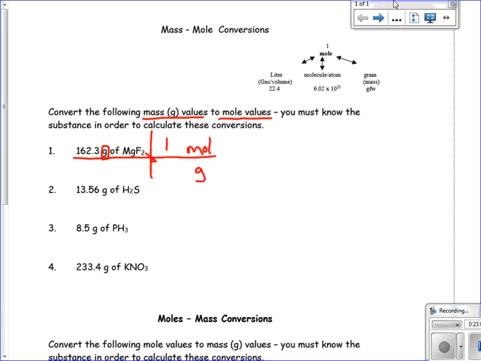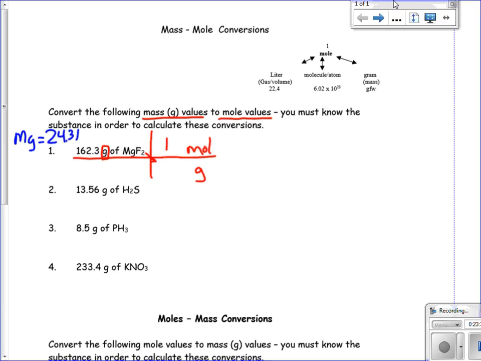But now I need the grams. I need the molar mass. So I need to get out my periodic table and look up the values. So you can do this on the left-hand side here. So for magnesium, what's magnesium's molar mass? 24.31, right?